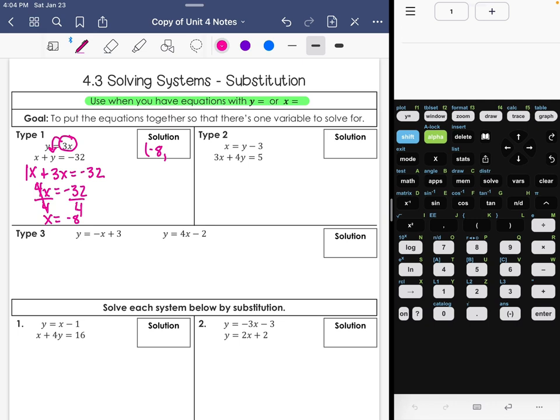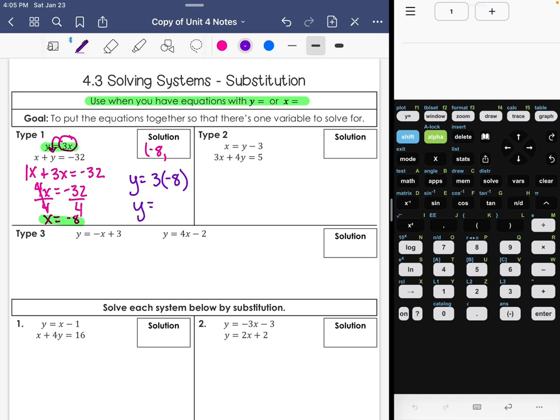No graphing required. Then to find the y, we're going to substitute this negative 8 for x in that first equation. So if we know x equals negative 8, then we can say that y equals 3 times negative 8, substituting.